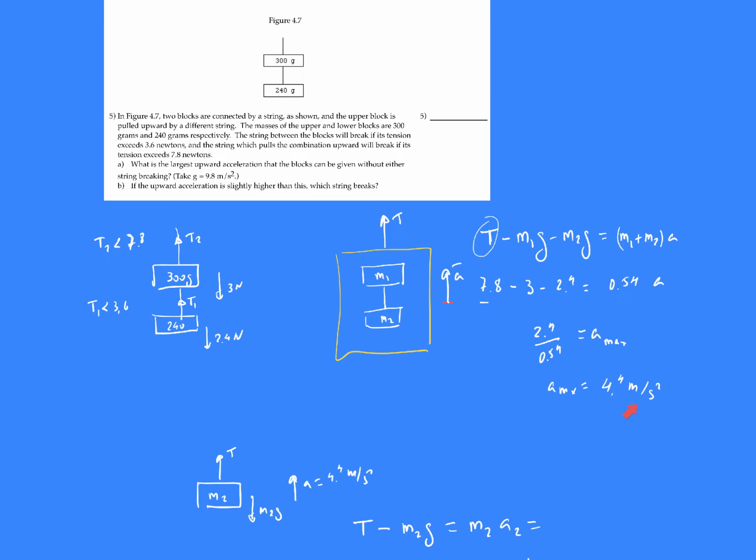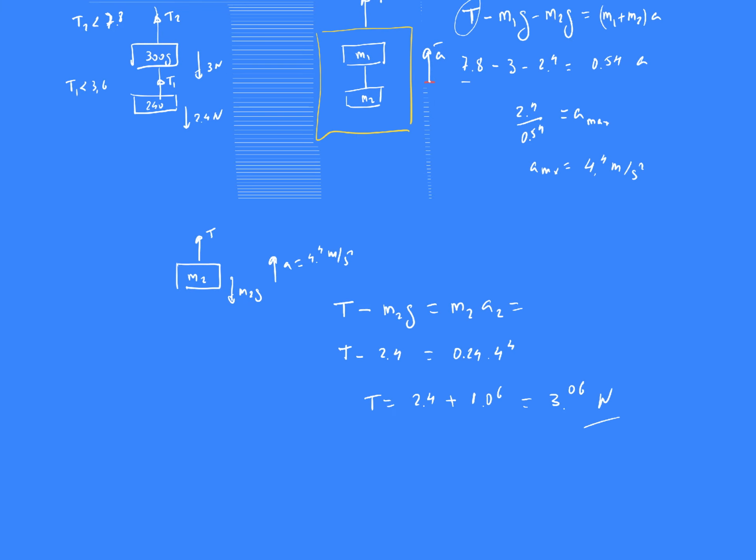Now we have to check if with this acceleration, the rope that is here will not break. In other words, we have to find the tension that is pulling the mass M2. M2 is moving with acceleration 4.4 meters per second squared, and it is being pulled by the rope with a tension T going up.